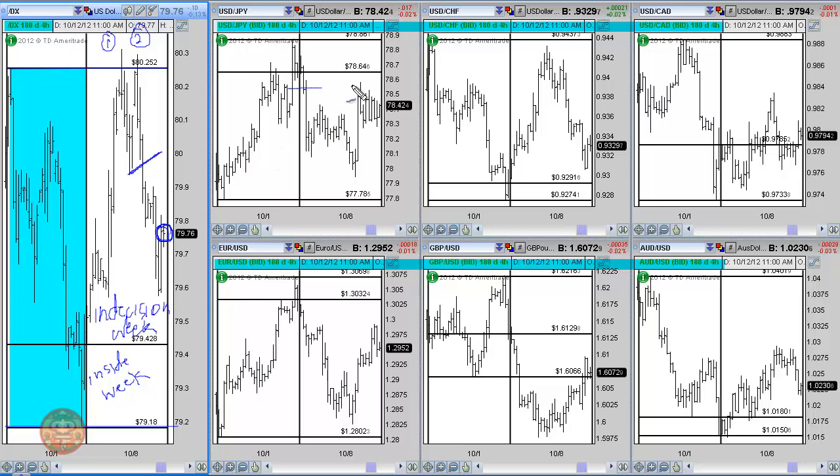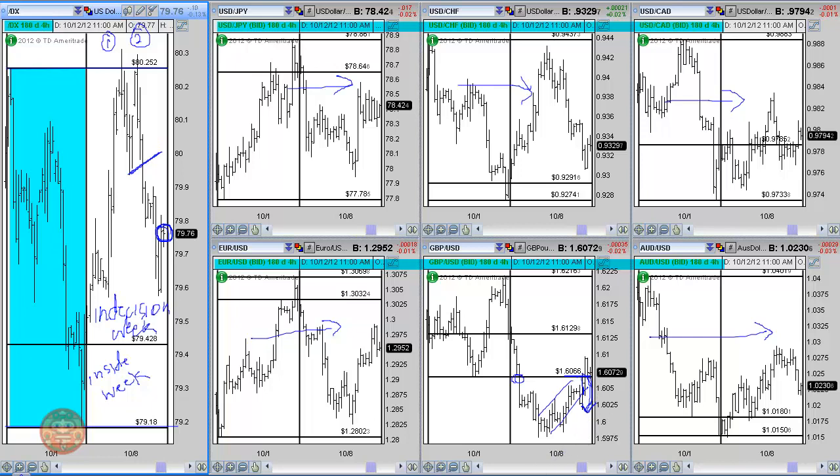Japanese yen here inside of last week, and Swiss franc inside of last week, Canadian dollar inside last week. Same thing with the euro and the Australian dollar. Now the pound is kind of interesting. It did try to break out of last week's low, and then waited for a retracement all the way back up to last week's low, but you can see here that the market really did not get rejected off of this level like you would expect.